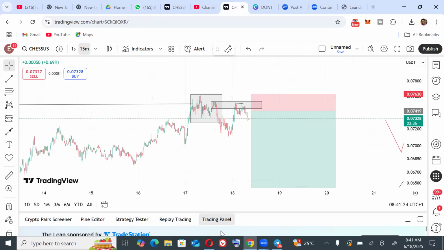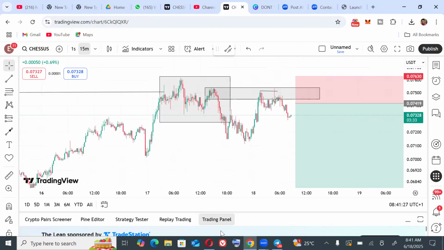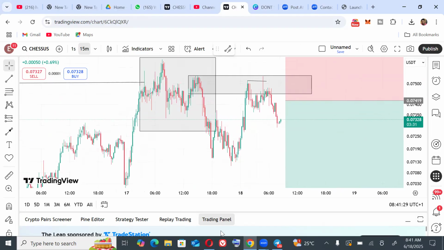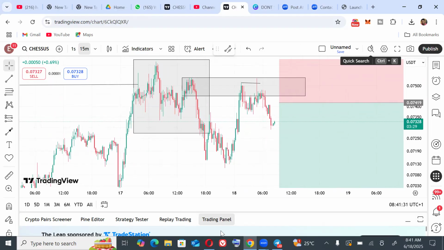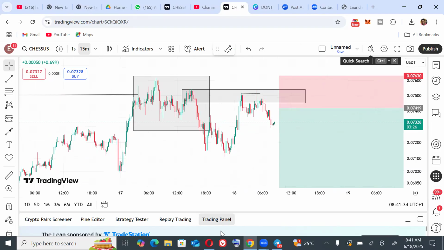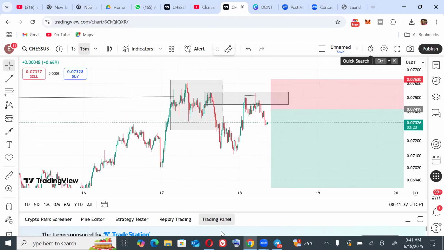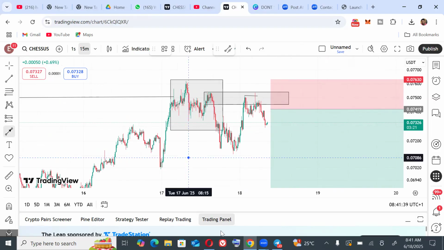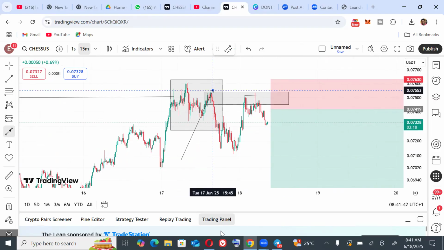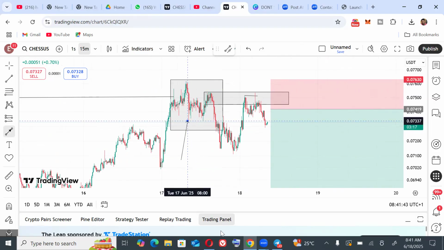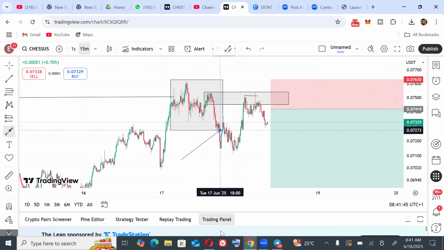Look at the structure. It's currently playing out. This is a trade that is currently playing out right in front of us. So this is what I did. I came here, look at the failure swing, and then price began to tank.